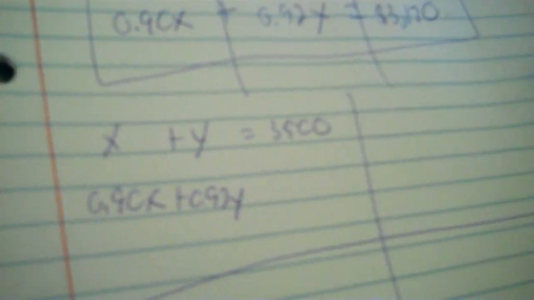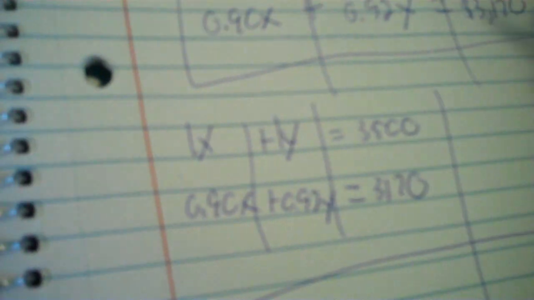X plus y equals 3,500, and then 0.90x plus 0.92y equals 3,170. Okay, apply ones in front and use a limit. Oh shoot! Multiply by 100. I don't like those decimals there.